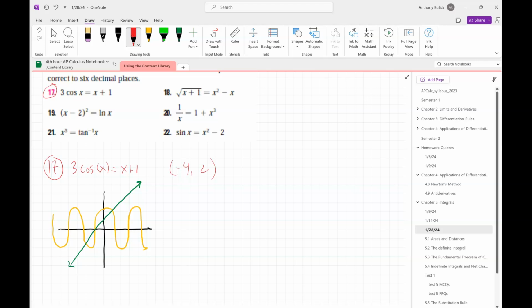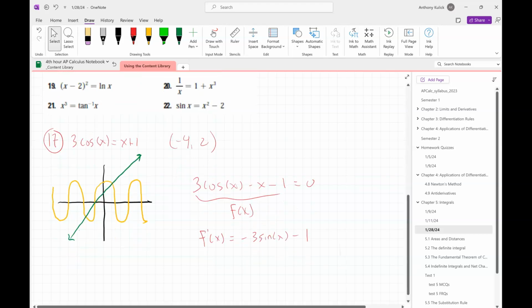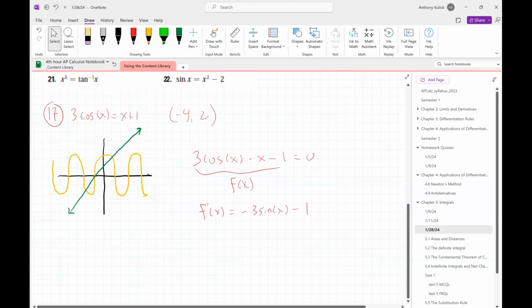So we'll set up our f of x. I'm going to just have 3 cosine x minus x minus 1 equal to 0. So this is my f of x. So the derivative of f of x is going to be negative 3 sine x minus 1. So we're going to start doing some Newton's method.